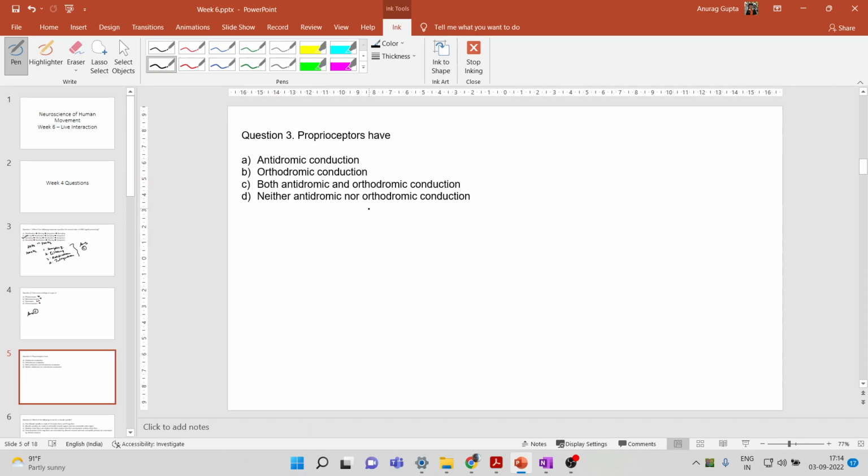So let us first have a look at the concept of proprioceptors. Let me draw a proprioceptor. This is a cell body of a proprioceptor, and we know that it has two axon terminals, right? And this is the sensory ending.